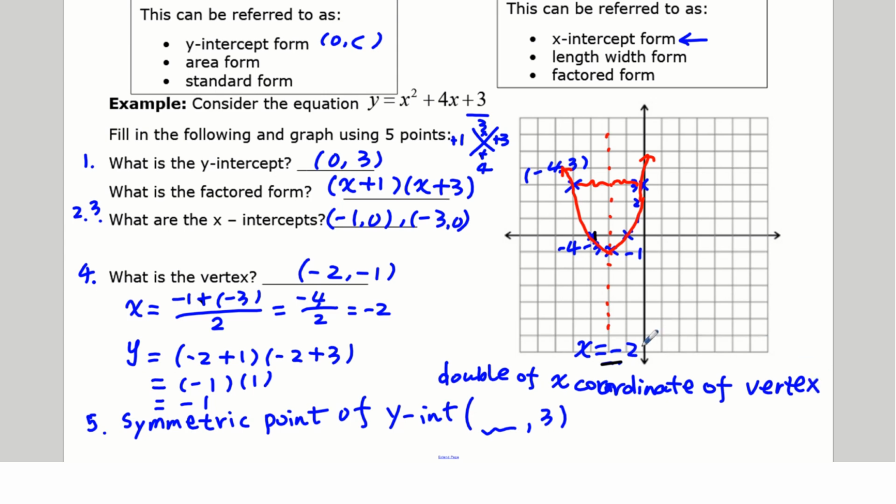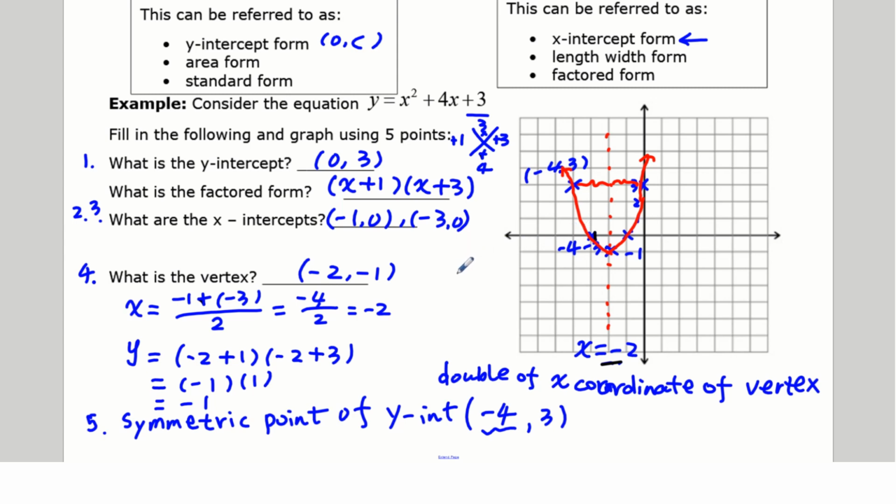The reason is the vertex is from 0 to -2, then you need to continue another -2 to make sure it is right 2, left 2 of the vertex. So it's -4. So these are the 5 points to graph this quadratic.